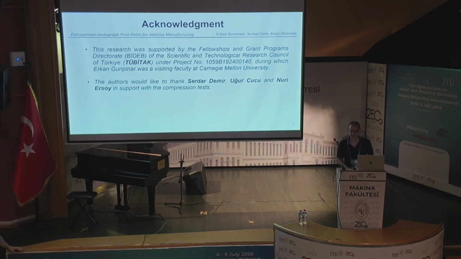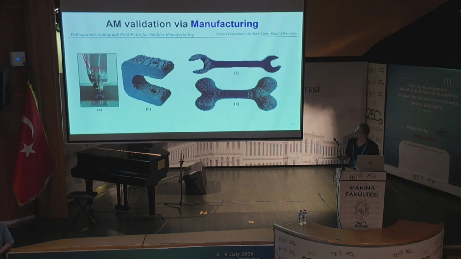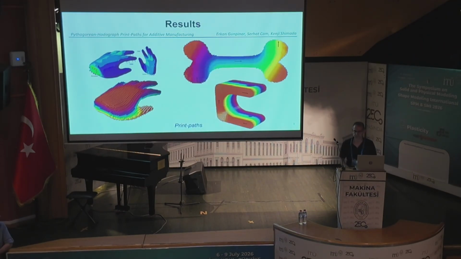You can use some compression tests, some tensile tests, these mechanical processes. Actually, this has already been studied very well by Xing and Zichun. We try to use novel curves and exploit their nice properties.